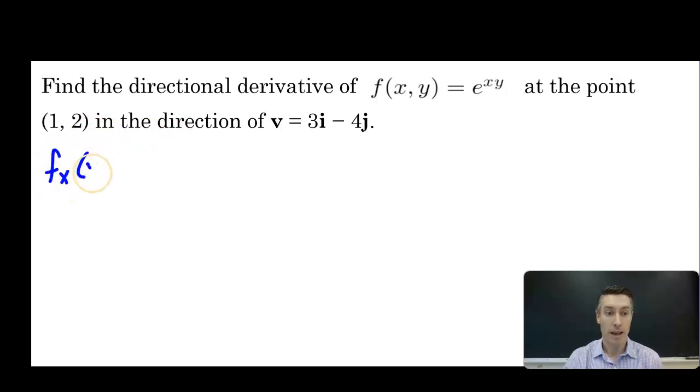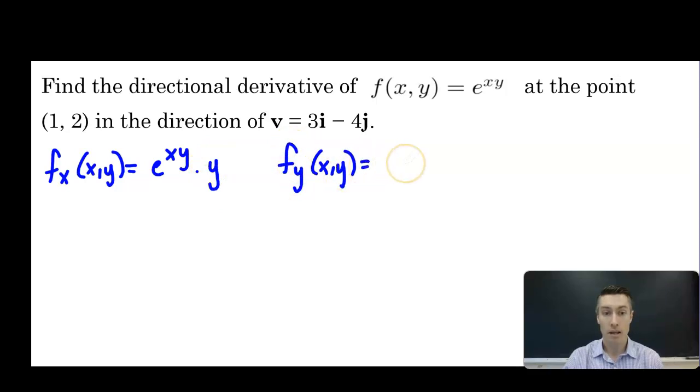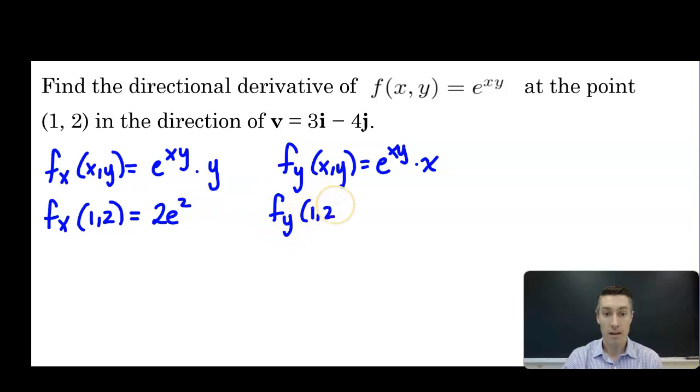Partial with respect to x is going to be e to the xy times y, and partial with respect to y is going to be e to the xy times x. Evaluate those at the point (1, 2). So we get 2e squared and e squared. Okay, so now we have the values of the partial derivatives.